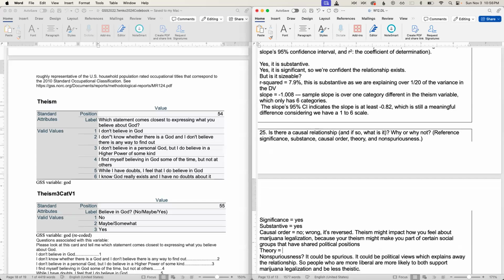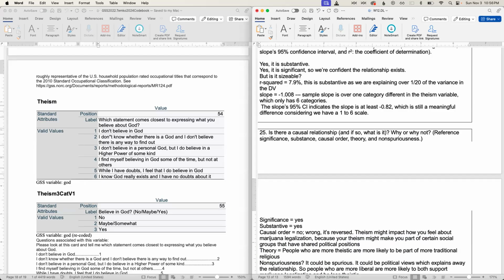And in theory, we did have a theory. The theory showed how the causal order was maybe backwards. People who are more theistic are more likely to be part of more traditional religious institutions, which are more likely to oppose marijuana legalization. So this is explaining how it's mediated, the mechanism of how you get from the independent variable to the dependent variable.